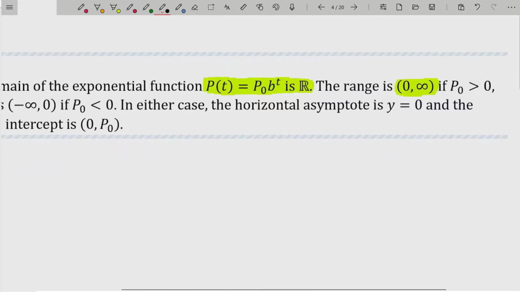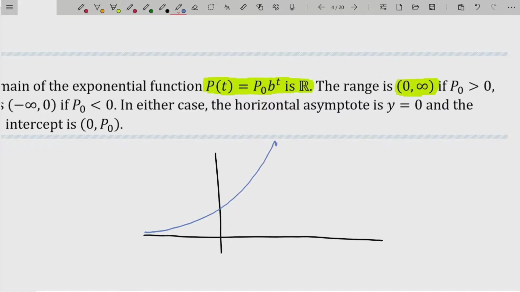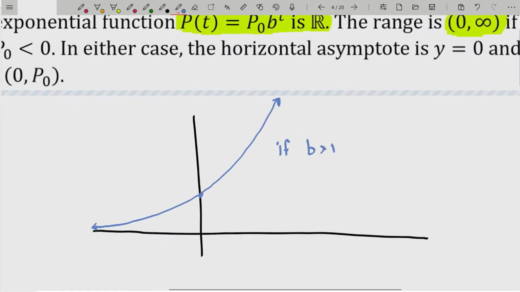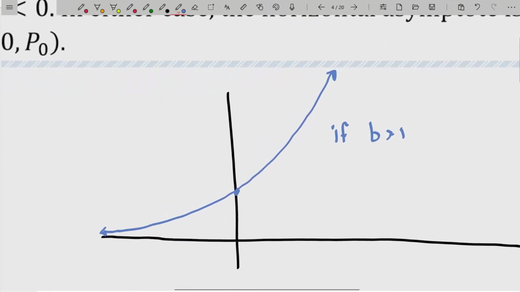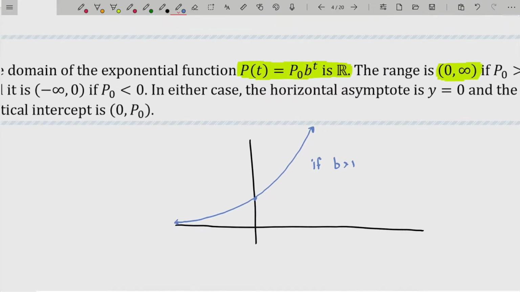The range of an exponential function, generally speaking, is 0 to infinity. And you definitely should already know what all exponential functions basically look like if the base is greater than 1. They all kind of look like that. That's if the base is greater than 1. If b is greater than 1. And the outputs range from 0, not including 0, all the way to infinity. So when I say it's not including 0, it just means that the y values get infinitesimally close to the horizontal axis here.